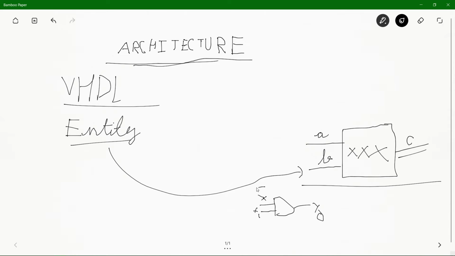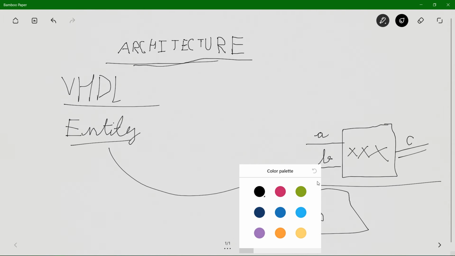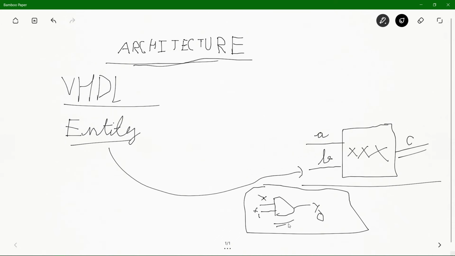So how to direct my compiler so that it will make this diagram, or it will give the outputs for particularly this diagram? By the help of architecture, we are telling my compiler what will be the architecture, or how my entity block is going to function.